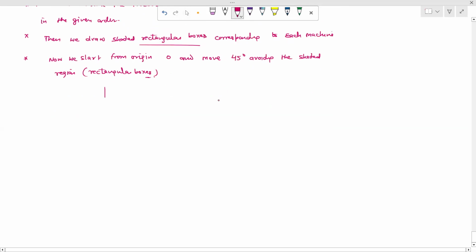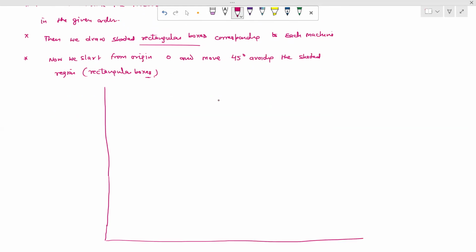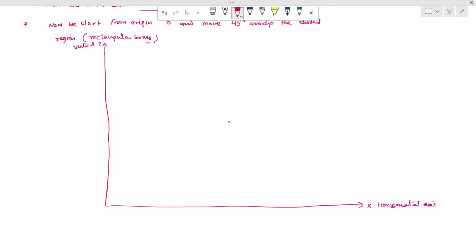Here is the graph. This is the x-axis, known as the horizontal axis, and this is the y-axis, the vertical axis. This is our origin.